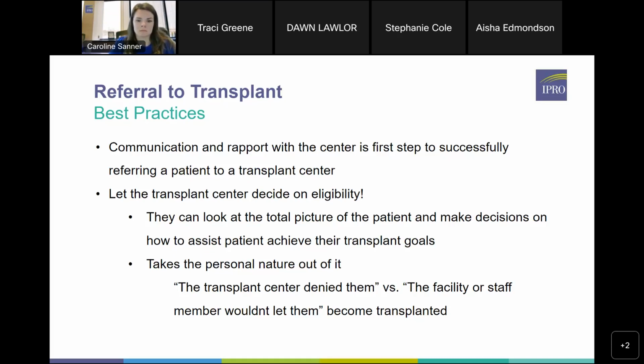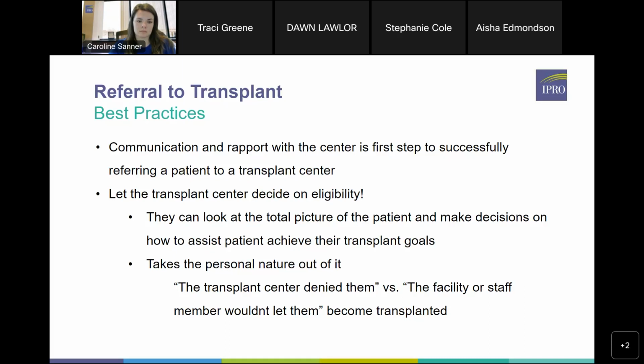I would put the referral in most of the time, knowing that the patient doesn't meet eligibility, and I'm communicating with the transplant center coordinator, letting them know that this patient is really someone that they need to talk to so that our care of that person is not affected. As we all know, with in-center patients, our relationship with them is very, very important.